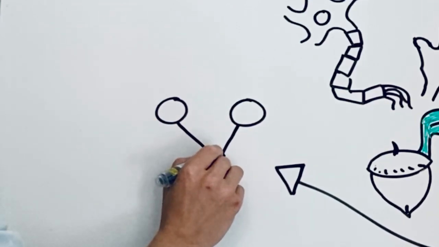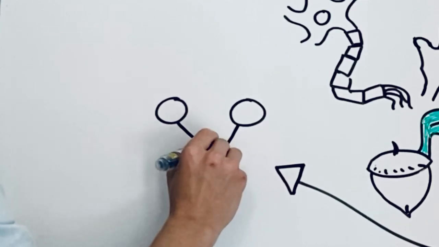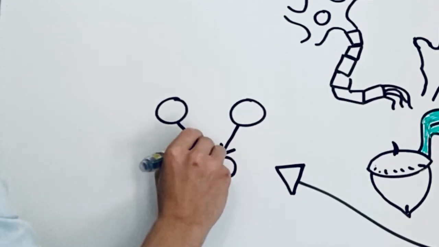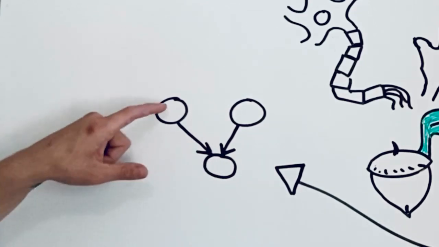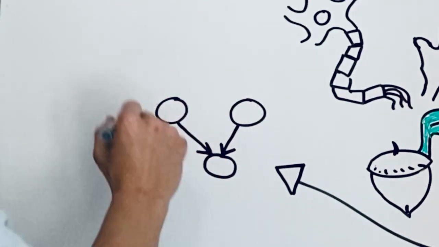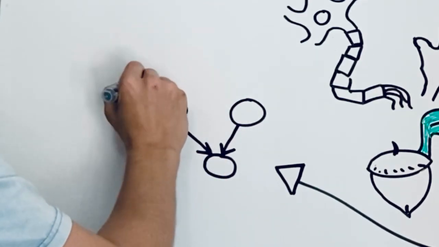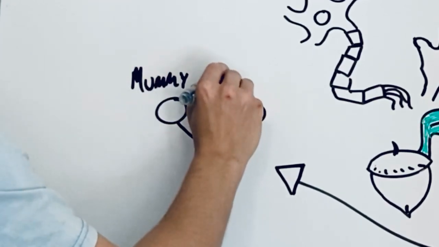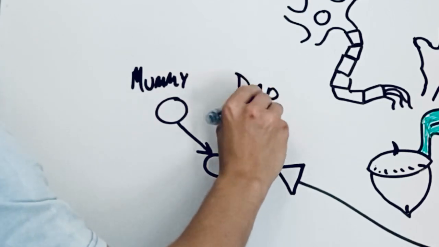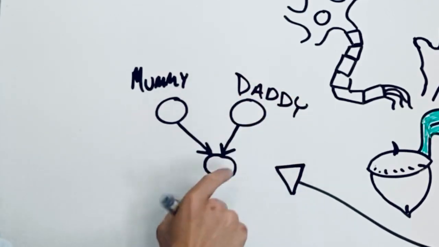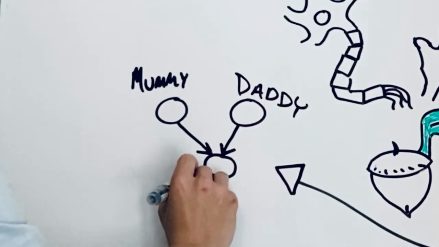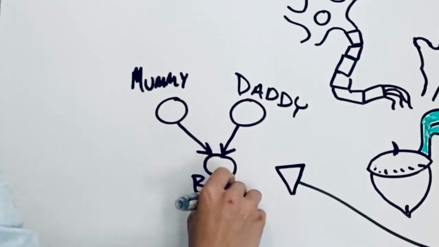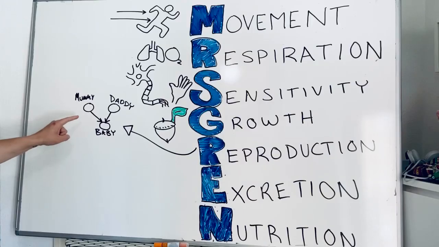Okay, and then another. This means for example, mommy and daddy. They make a baby. So this could be a symbol for reproduction.